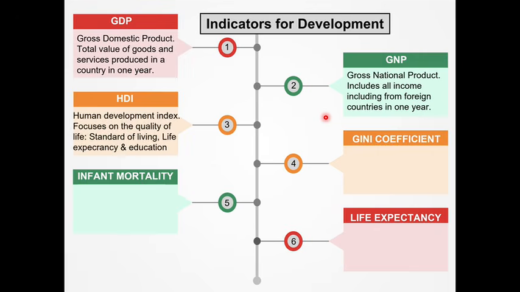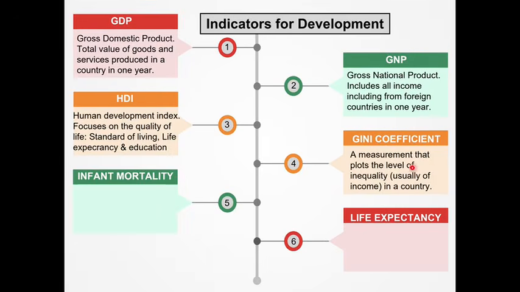Okay, the next one, the HDI, or the Human Development Index, focuses on the quality of life. It has to do with the standard of living, life expectancy and education. That is your Human Development Index. Your Gini coefficient is a measurement that plots the level of inequality, usually income, of a country.